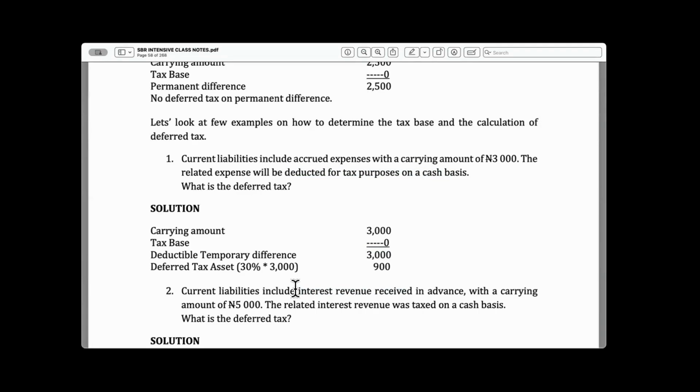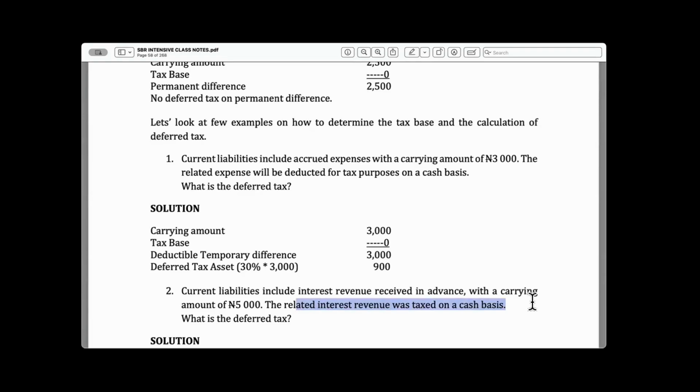But the taxman works on cash basis. So since you have already collected the cash, the taxman will tax it. You have collected the money now. He will tax it. It's an income in your hand for him. So as far as this question is concerned, the taxman already taxed it, but you don't have it in your books now.